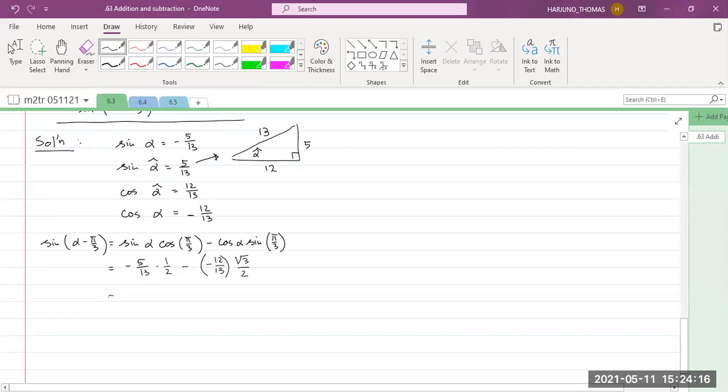So this will be negative 5/26 plus 12 radical 3 over 26. Put them together, it's negative 5 plus 12 radical 3 over 26. That's the exact value.